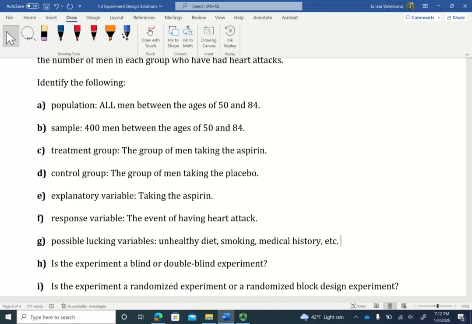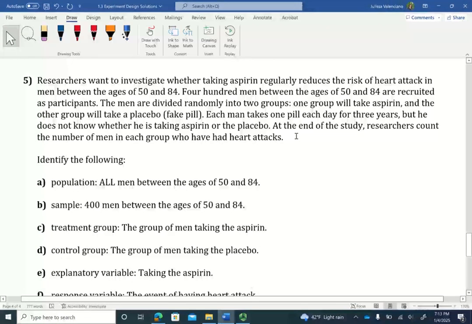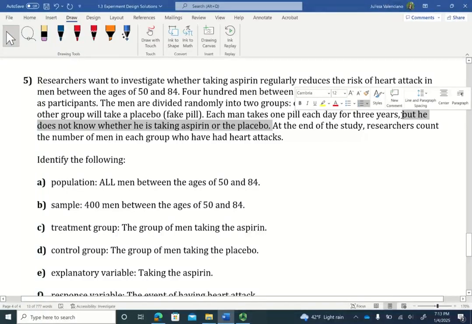Now, last question that we have here is: is the experiment a blind or double-blind experiment? Looking at the description, we see that it was mentioned that the participants didn't know whether they were taking aspirin or the placebo. So the participants didn't know if they were in the treatment group or the control group. Now, nothing is mentioned about the researchers knowing whether participants were in the control group or the treatment group.